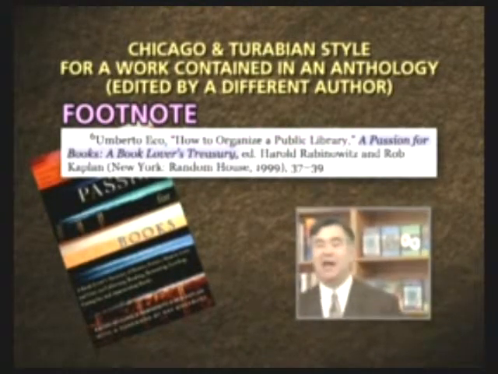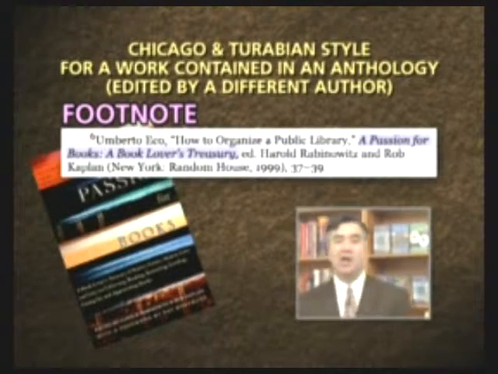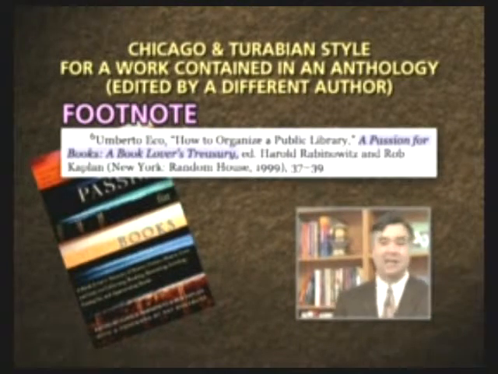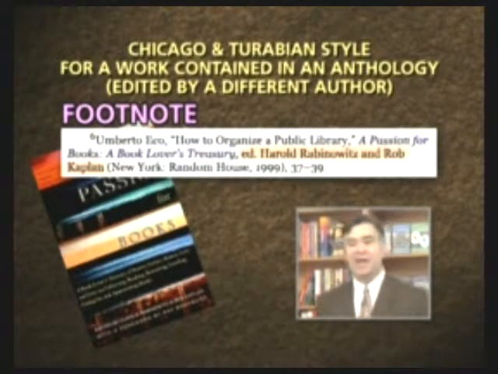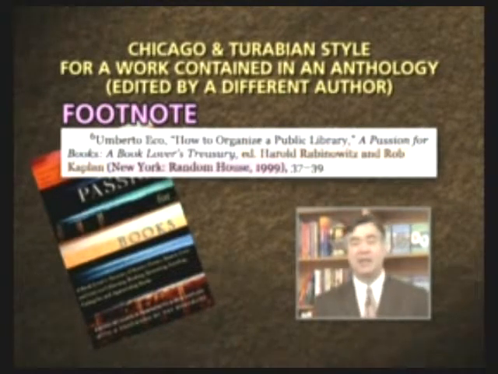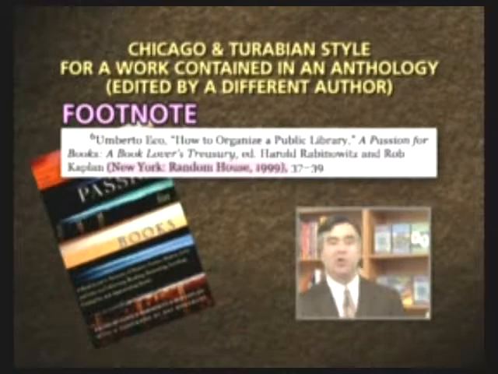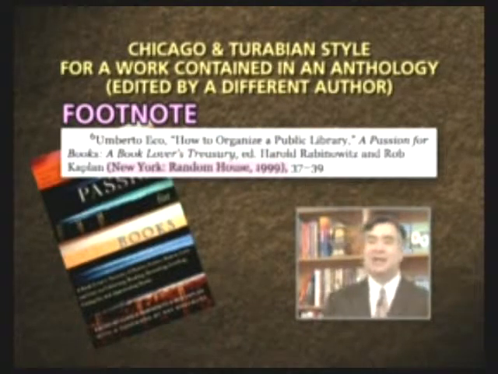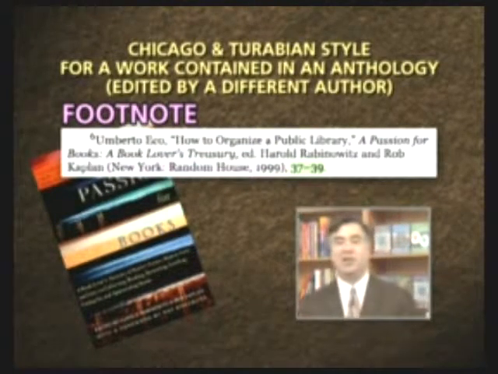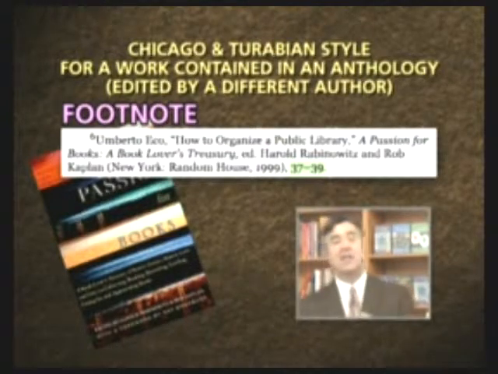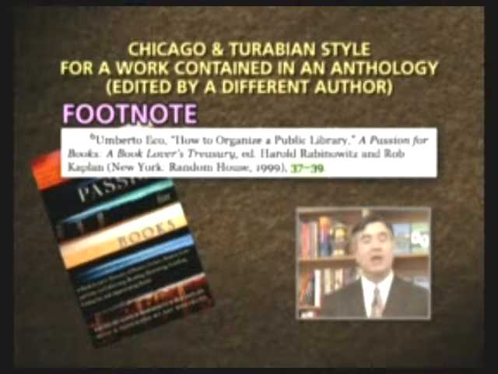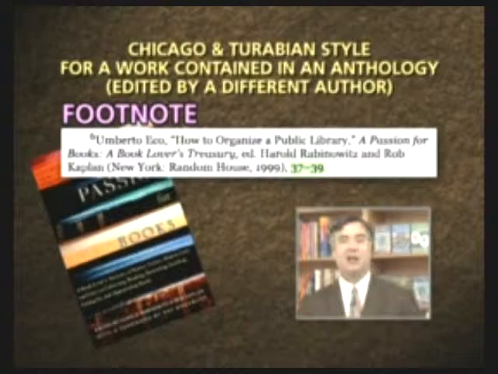Then the name of the anthology, A Passion for Books: A Book Lover's Treasury, in italics. Then the names of the editors of the anthology, Ed. Harold Rabinowitz and Rob Kaplan. Then the publishing information, New York, Random House, 1999, and the page numbers 37 to 39. So this is how you would construct a footnote for a component work within an anthology.